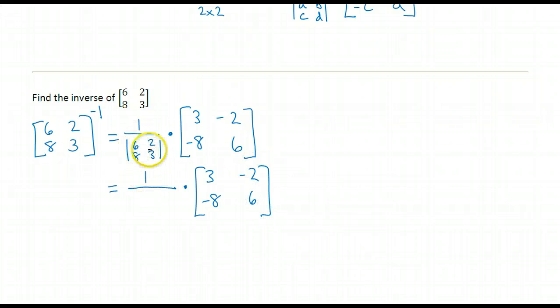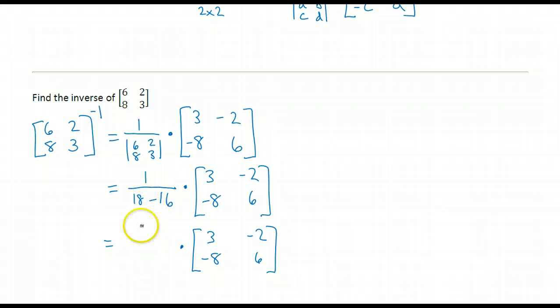The determinant of this 2 by 2 matrix is going to be 6 times 3 minus 8 times 2. 18 minus 16 is 2. So now I have 1/2 times this matrix.